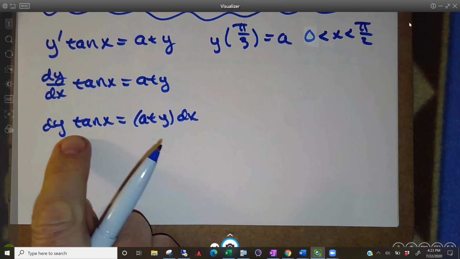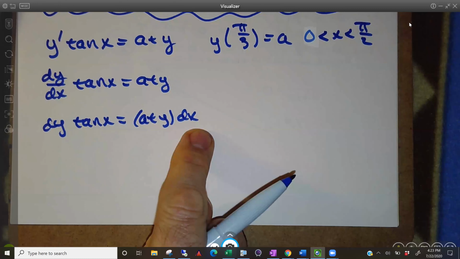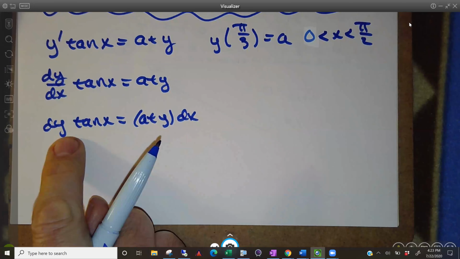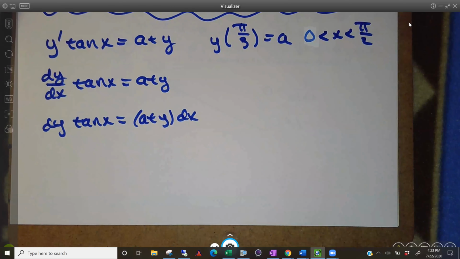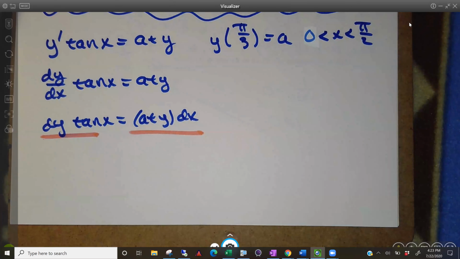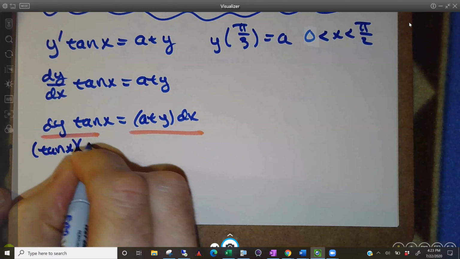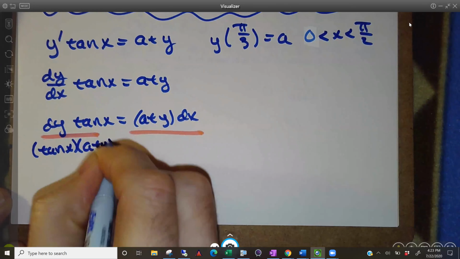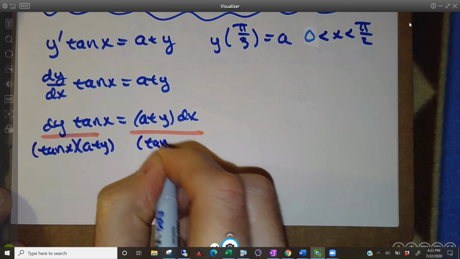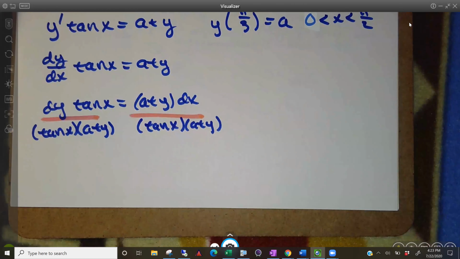If I want to get the y's by themselves and the x's by themselves, I got to move the tangent over here. I got to move the a plus y over here. So if you don't mind, I'm going to do both of those operations at once. I'm going to divide both sides by tangent of x and a plus y. How does that work for me?